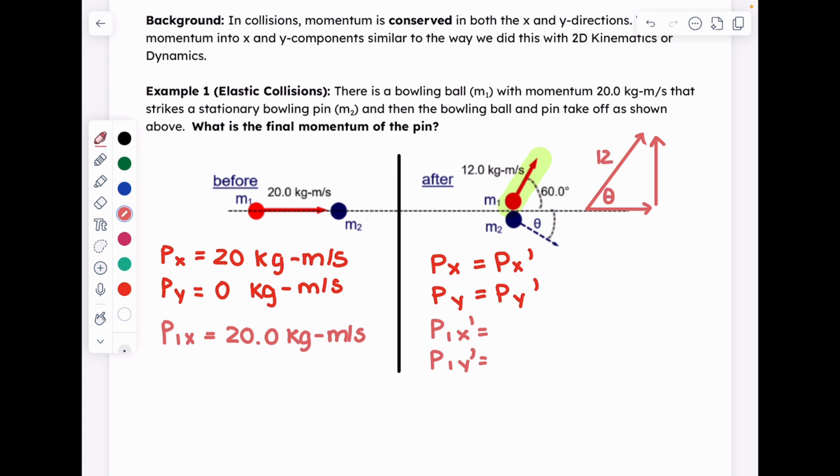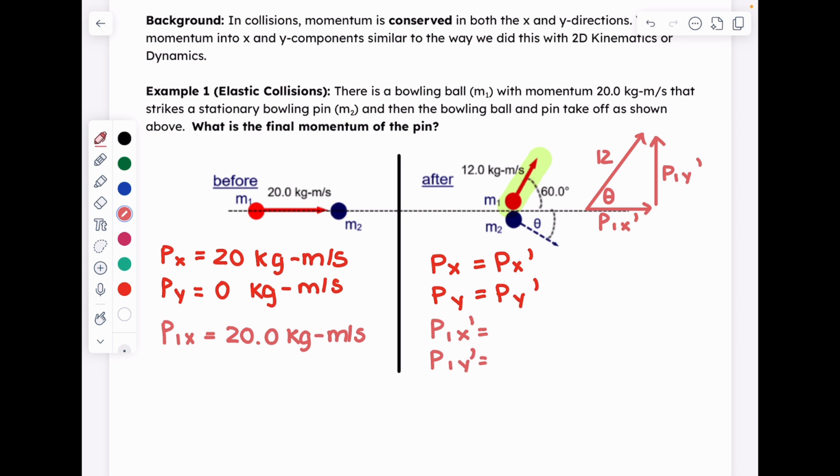I have theta right here, and I'm trying to solve for the y component and the x component. This y component is the momentum of the first object in the y direction after collision. And down here, this is the momentum of the first object in the x direction after the collision.